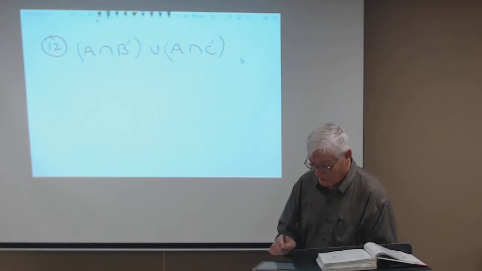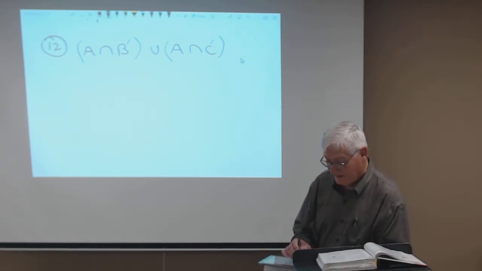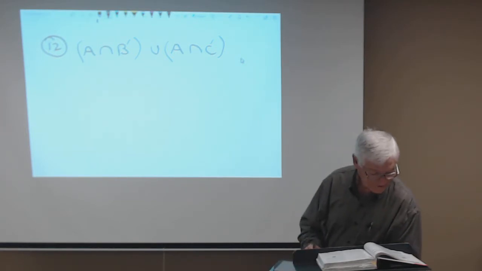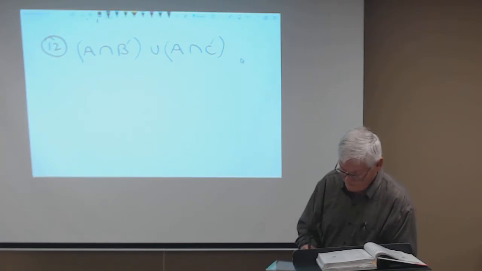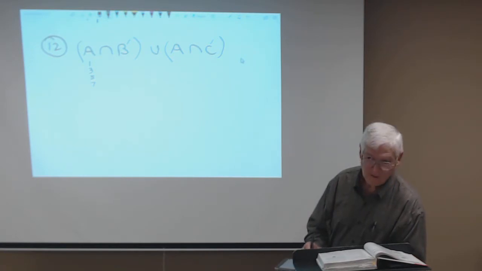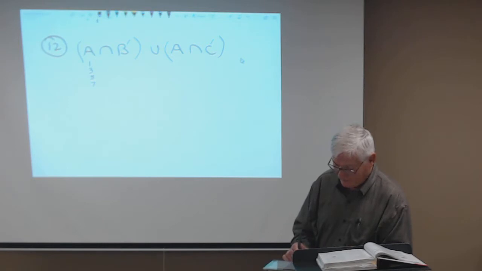Okay, everybody, can you read what we have written here for number 12? A intersect B prime. So what's in A? 1, 3, 5, 7. What's in B prime? 1, 5, 4, 8. Everybody see where you get 1, 5, 4, 8 for that?